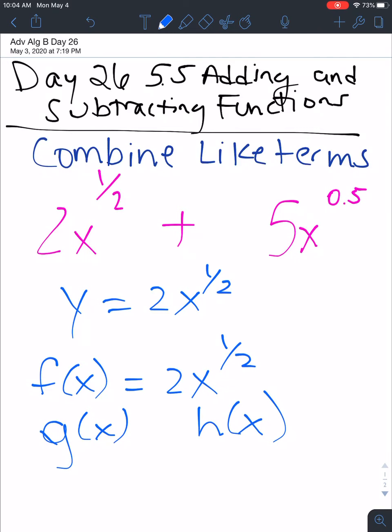You don't have to plug in anything for the x's, at least as of right now. All you have to do is add them and subtract them, and then eventually multiply and divide. But it's important to note that your f of x, your g of x, and your h of x are just like y. We just want to differentiate between two different functions, or sometimes three different functions.